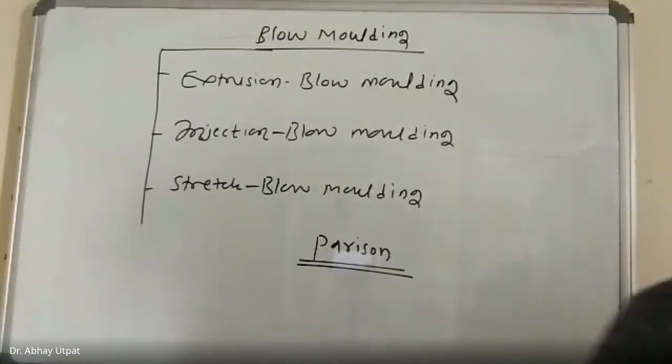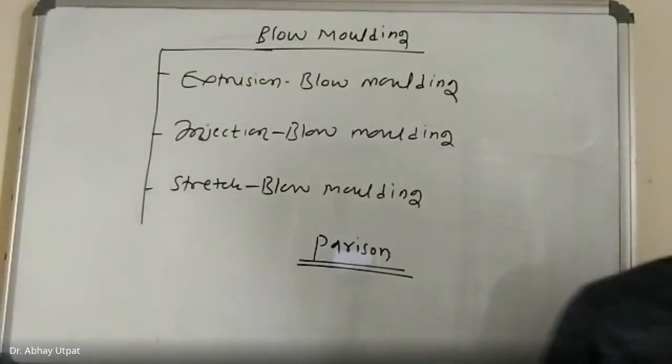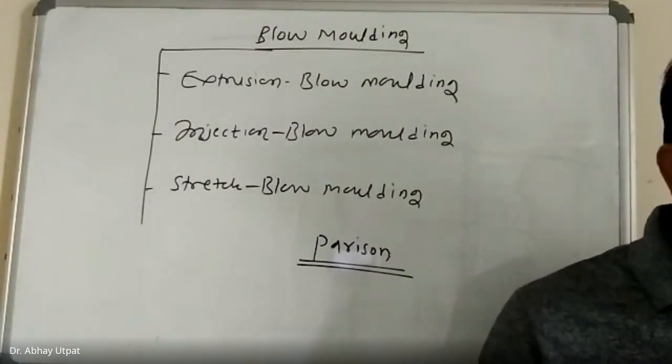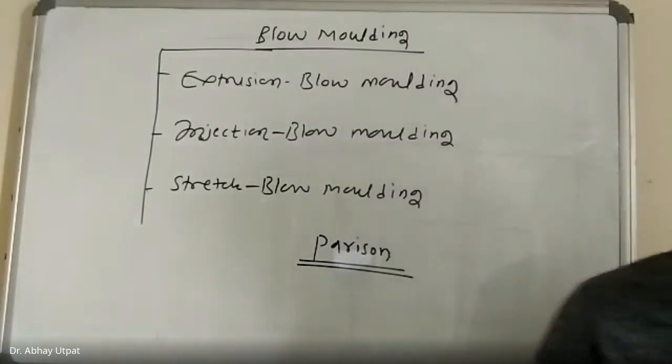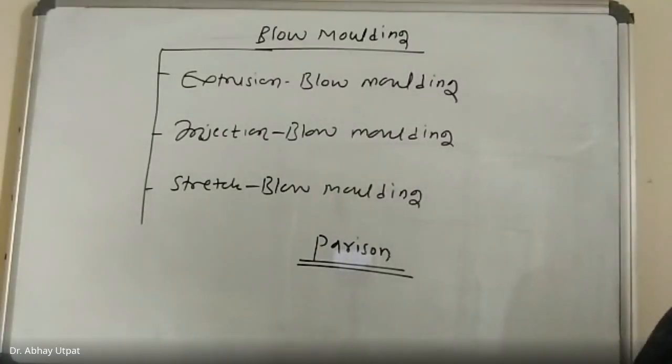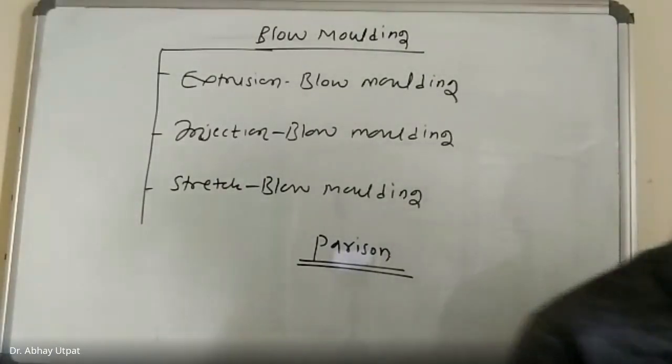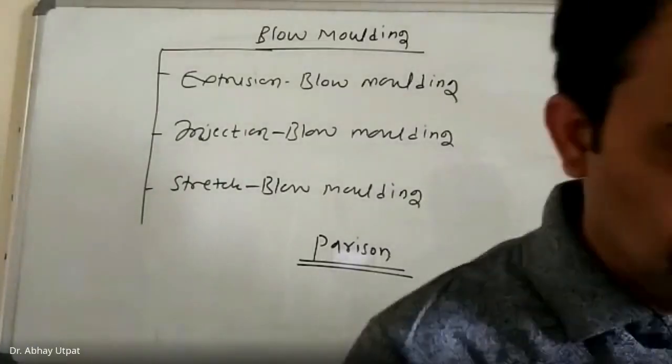So the typical products are bottles, air ducts, automobile manifolds, tanks, jars, and other household products.